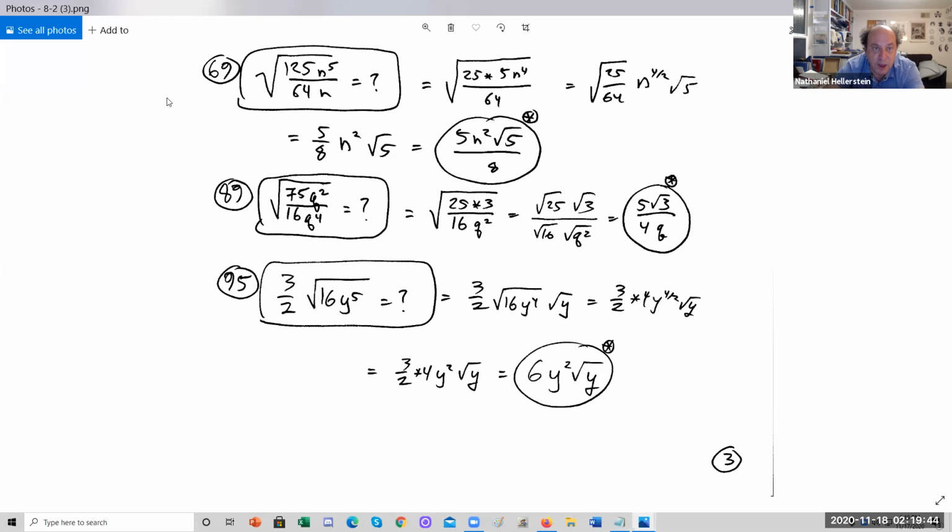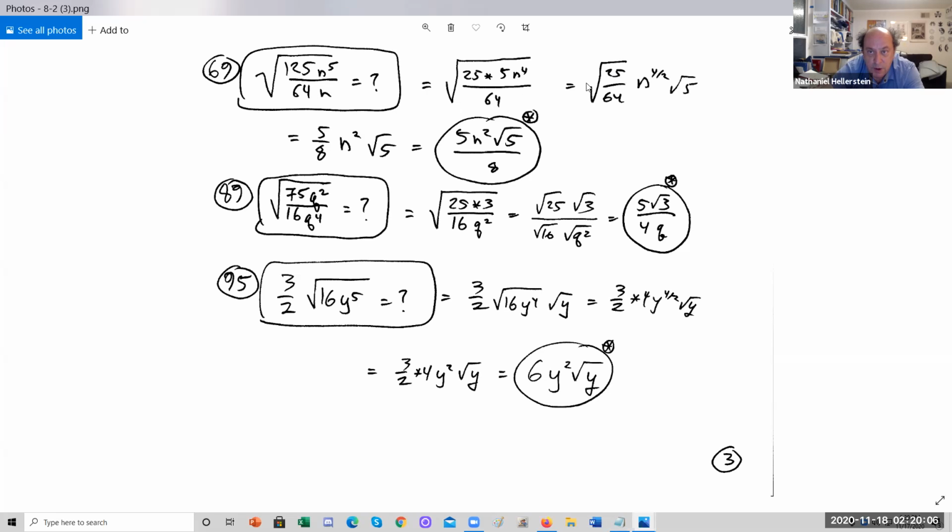It's getting more complicated. Square root of 125 n to the 5th over 64n. Okay, first thing to do is some cancellation. n to the 5th over n is n to the 4th. And for 125, its largest square factor is 25 times 5. 64 is already a square, 8 squared.